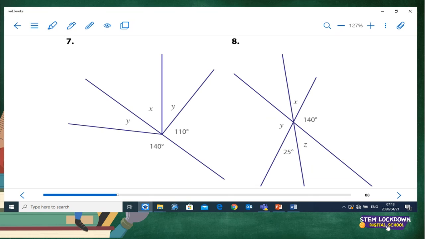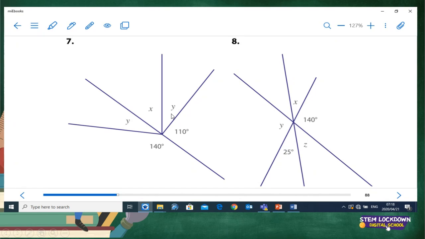We have proved that y is 40 degrees by looking at the previous example there. y plus 140 is 180, therefore y is 40. So even this y here will be 40 because y and y, those are the same angles. They're equal. So in this case, you need to add x, y, and 110 to get 180.